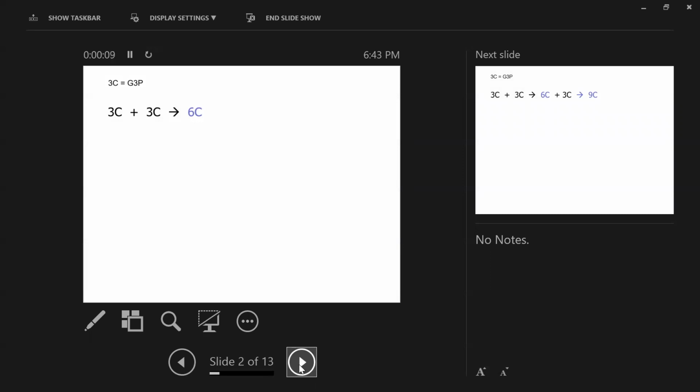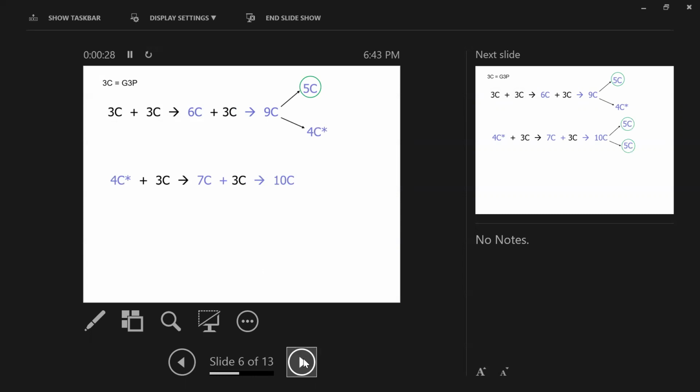So you do have to tell me what 3-carbon means. What do you mean by that? What molecule are you talking about? So you have to define that. So I know that you know, but then you can just play the game of combining these G3P molecules. And the magic number is 5. That's what we're trying to create here.